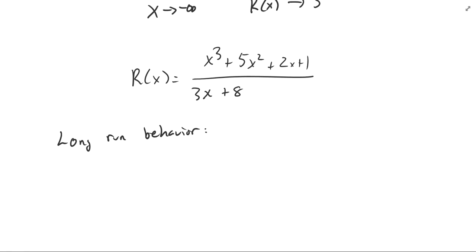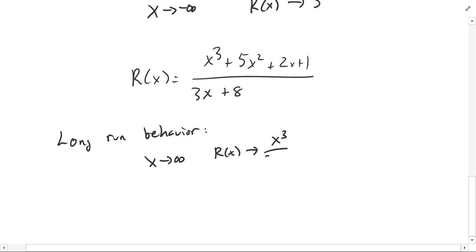I want to look at what happens as x goes to infinity. R of x is going to behave like the x cubed over 3x, and that's going to behave like just x squared over 3 if you reduce that. And y equals x squared over 3 is kind of an overall parabola, U-shaped.